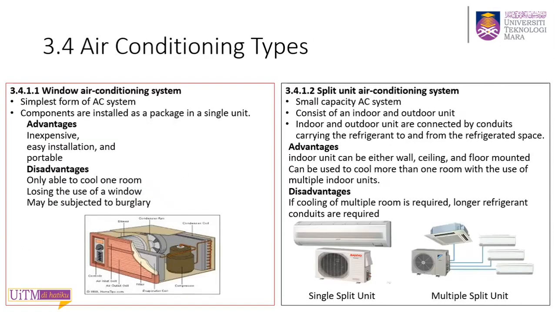For direct expansion systems, there are three air conditioning systems in this category. Now, all these systems have already been covered in the topics for MEC333 and MEM376, like I mentioned earlier in this video lesson. We can see here we have the window and split unit.